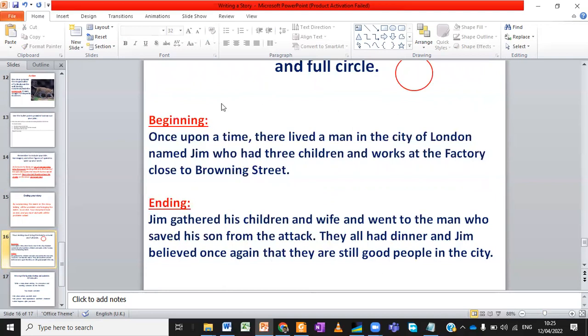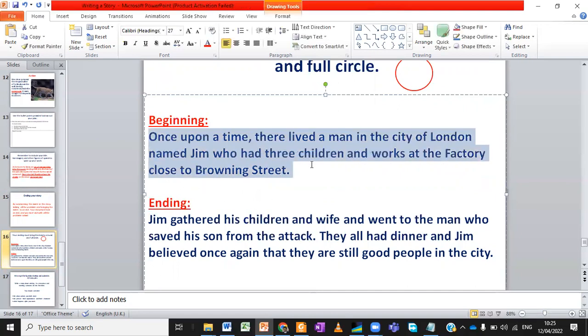You see, there was a problem, though the problem was not stated here. What was actually stated here was the beginning, where you described the man the story is going to be about, the man and his family. At the middle, definitely something happened.